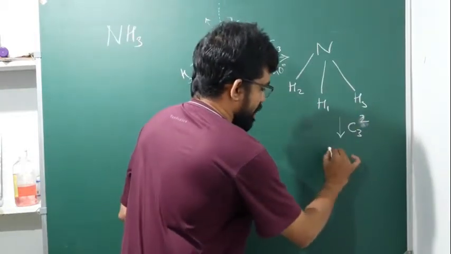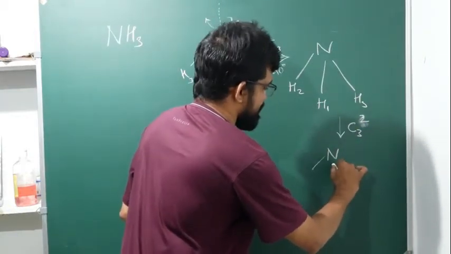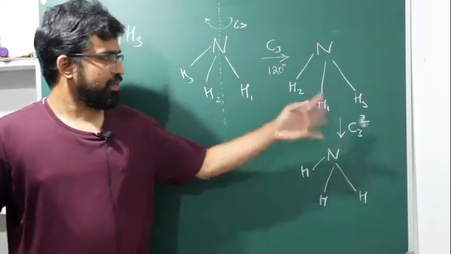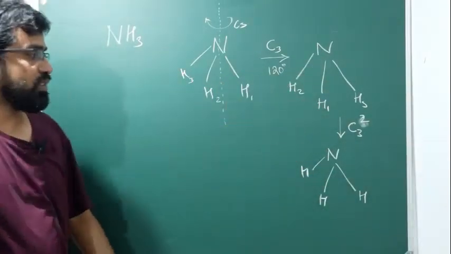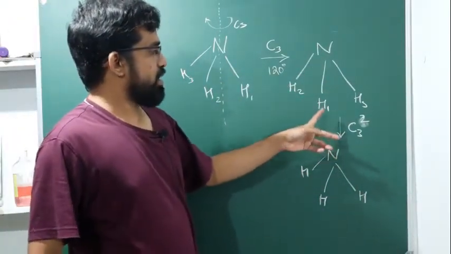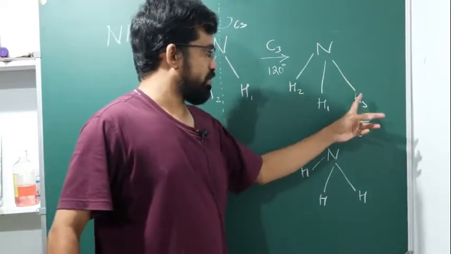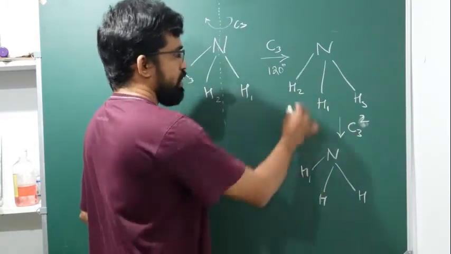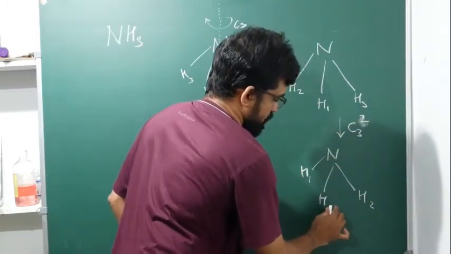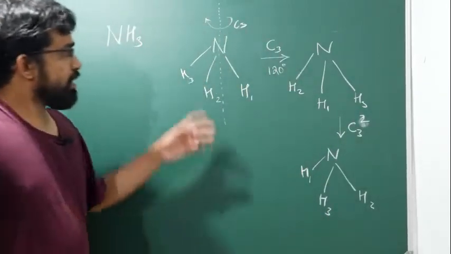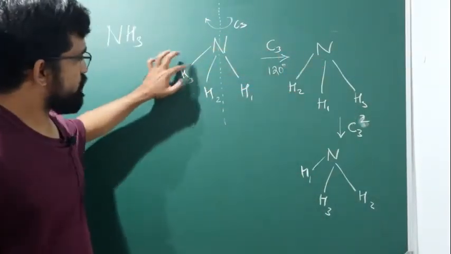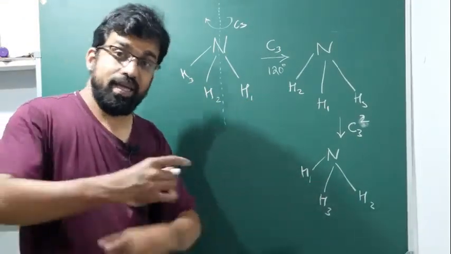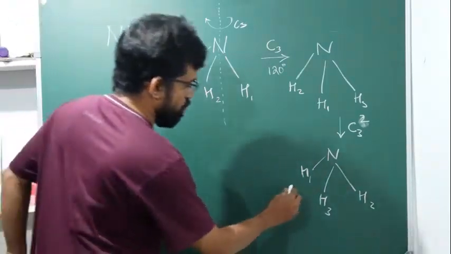Again you write exactly the same structure, which is very important in symmetry operations. C3 square means H1 will go to the place of H2, and H2 will go to the place of H3. These three are different orientations. Again you do rotation, that is C3 cube.